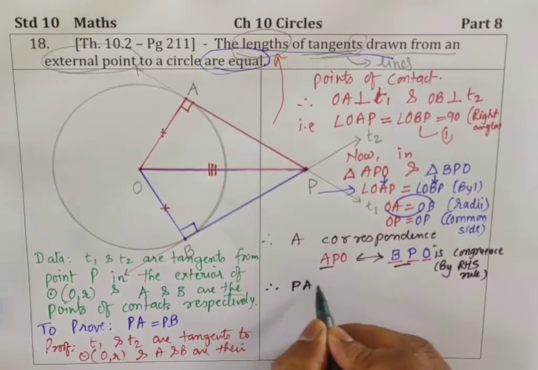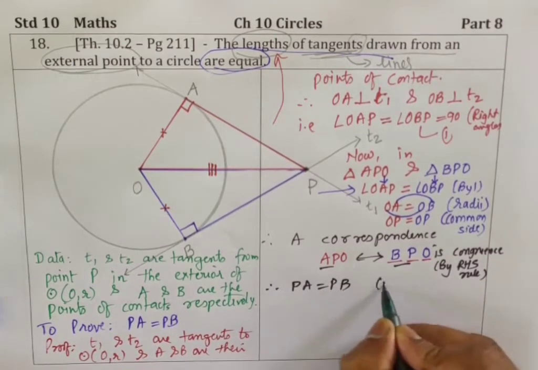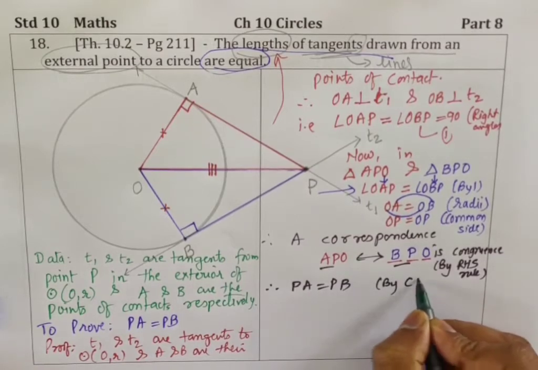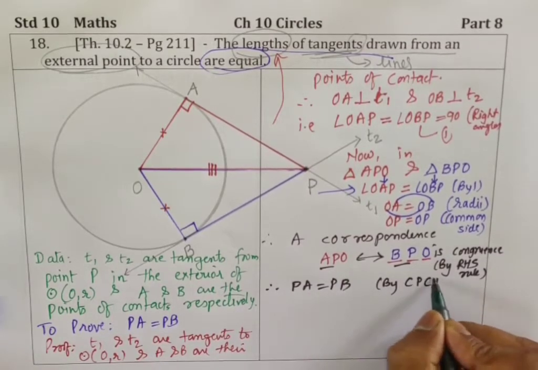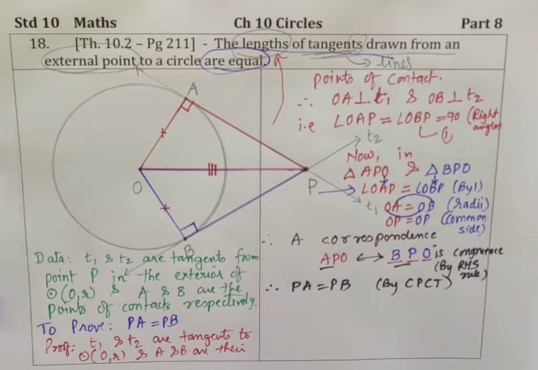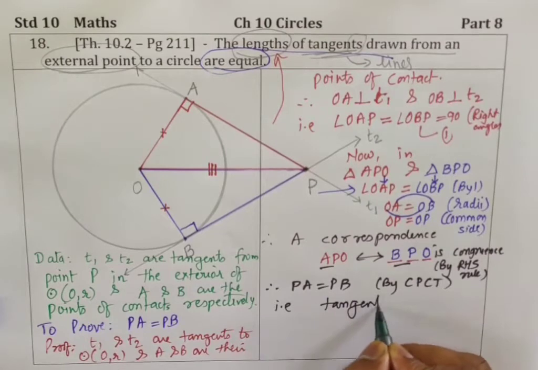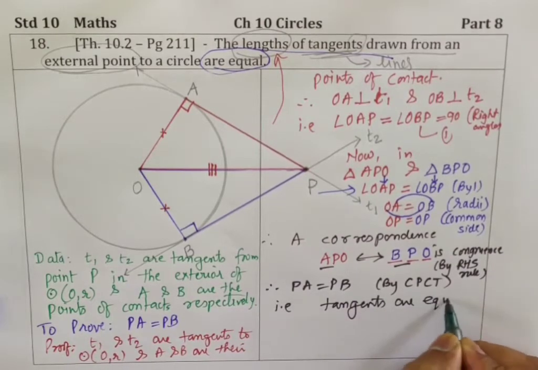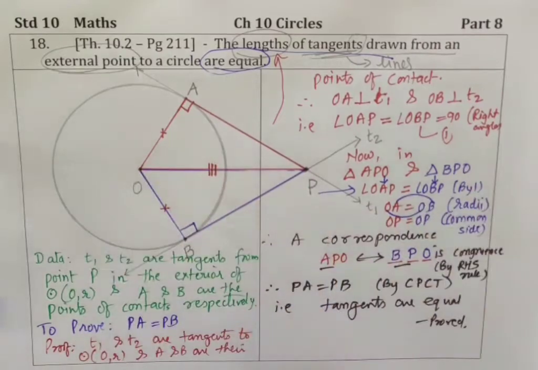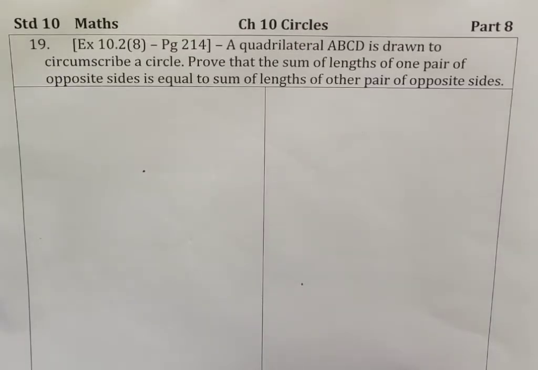Therefore, PA equal to PB by corresponding parts of congruent triangles, by CPCT, i.e. tangents are equal. Proved. Children, I have written it properly. I needed big figure, so I have drawn that as well. So please enter this in your notebook. Is that clear? Fine.